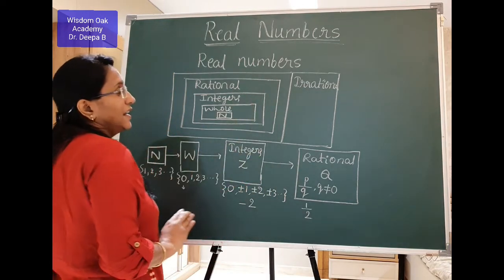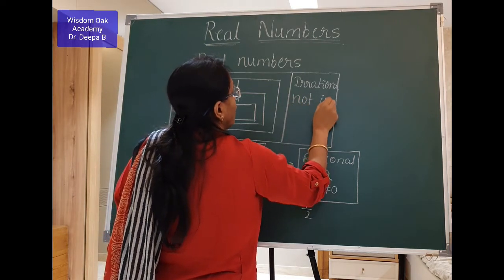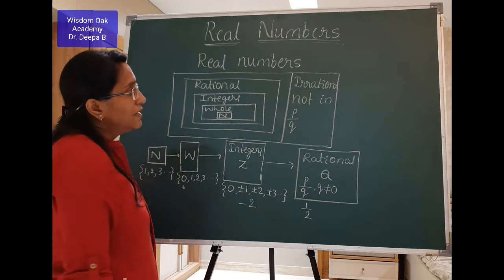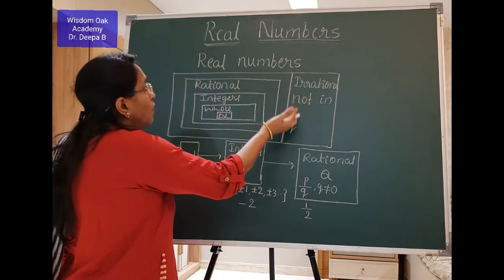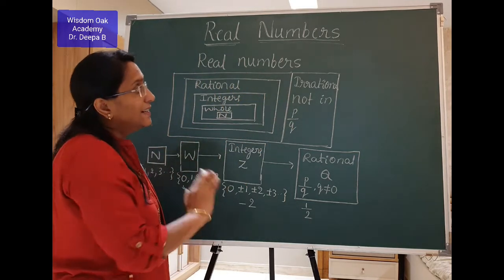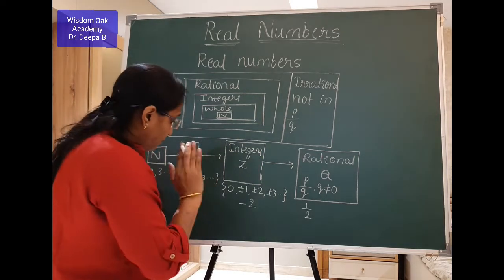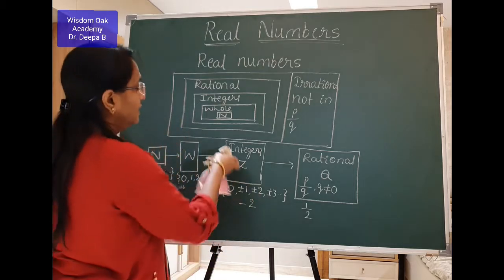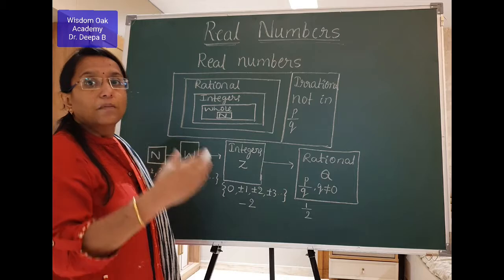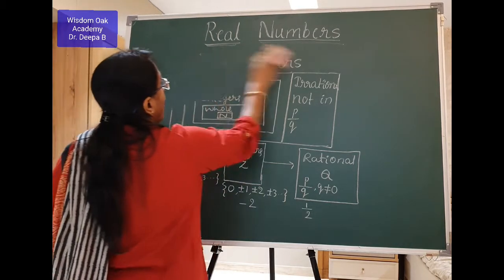Then what is irrational number? Irrational number is not in the form of p by q, where q is not equal to 0. So how we decide whether it is rational or irrational? That depends on the decimal expansion of that number. Before that, let us take the whole number set and we'll check for in whole numbers how many types of numbers are there. So let us consider whole number set.